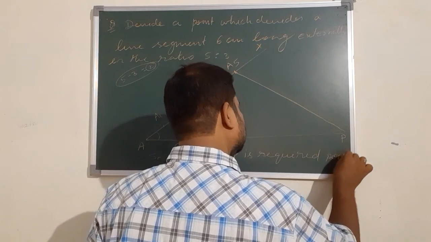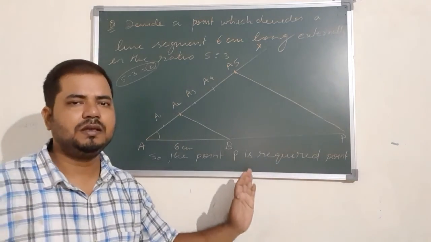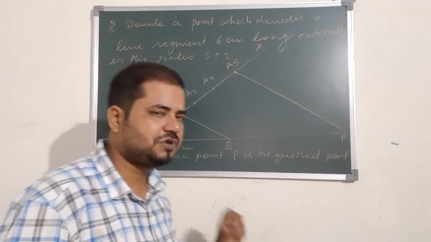That means P divides AB externally in the ratio 5:3.